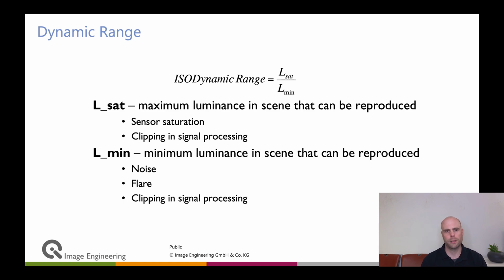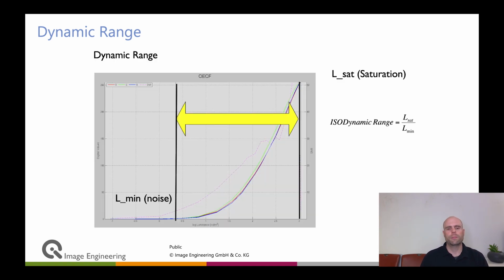For example, in many applications you have black level compensation, where you say, from the sensor signal I cut off the lower signal because I say that is only noise anyway. So that can also reduce your dynamic range, same as flare and these aspects. So you see in this graphic, to the right you have the saturation, to the left you have the noise, you reach a certain threshold, and everything in between is your dynamic range, according to the ISO standard.